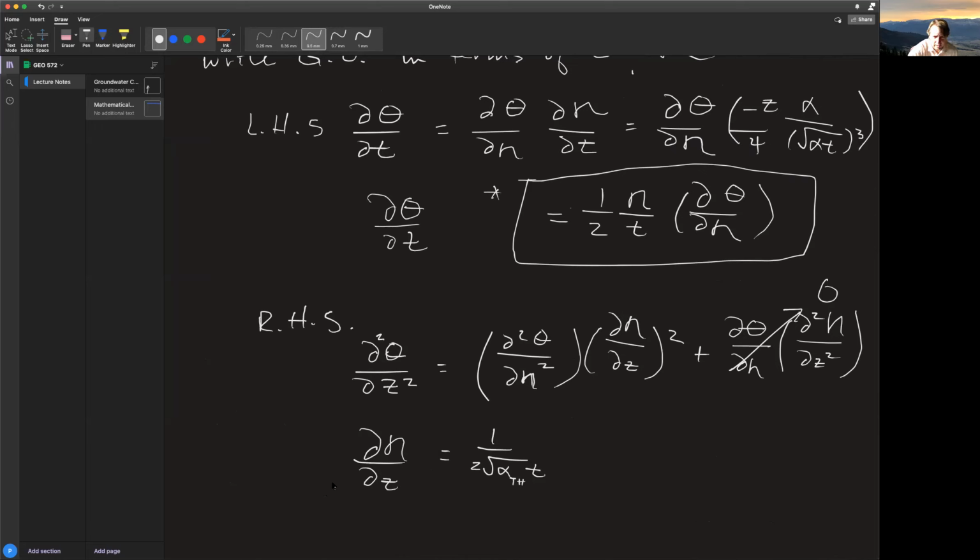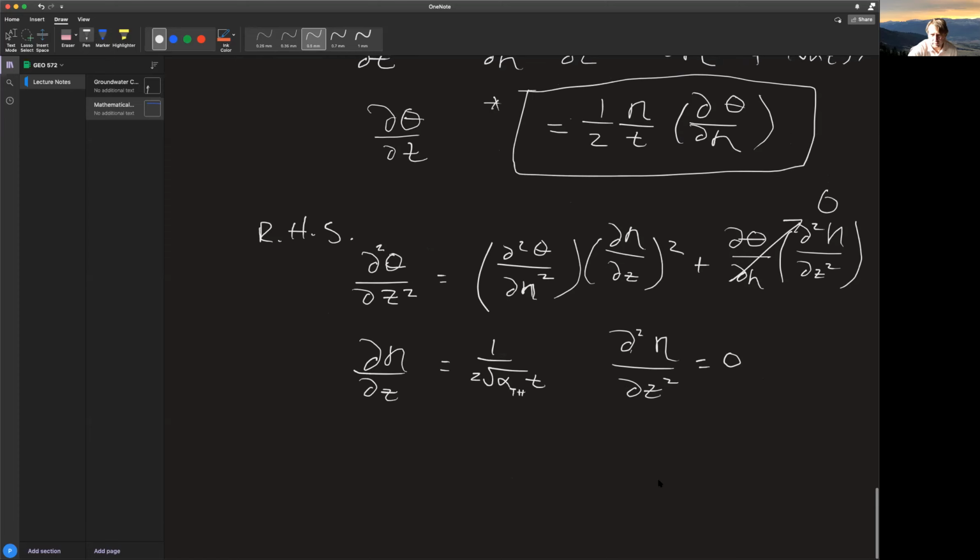And now for d squared eta dz squared, we take the derivative with respect to z of d eta dz, and there's no eta in this term, so d squared eta dz squared is equal to 0. That's just taking the derivative of the definition of eta with respect to z once and twice.